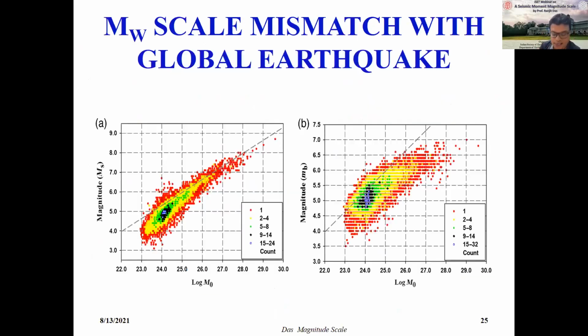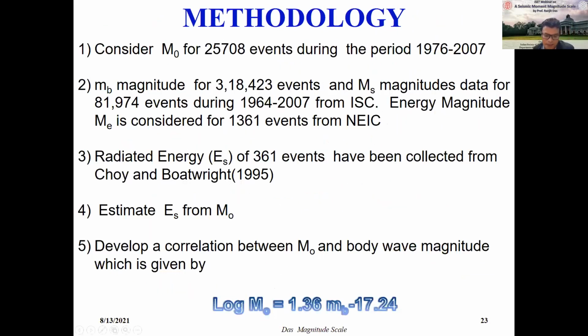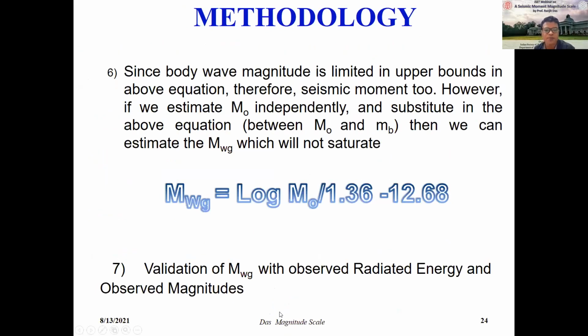The idea is that if we put the directly independent moment there, then whatever magnitudes come will not be saturated. So this is the concept behind how to get from the seismic moment and body wave magnitudes, just by reversing the equations. We found that this equation does not saturate for the bigger earthquakes.